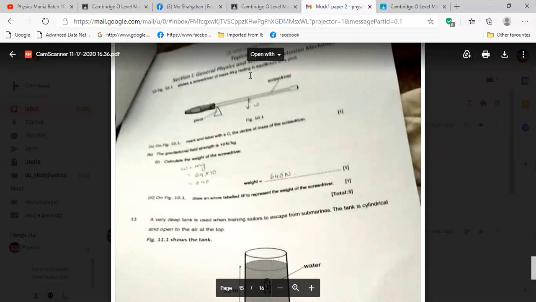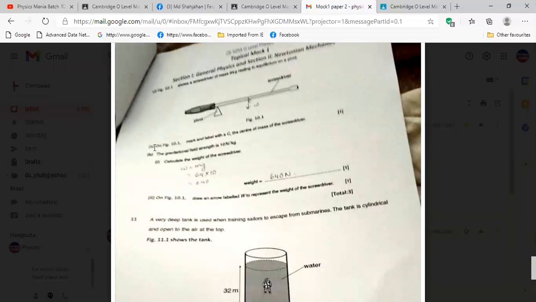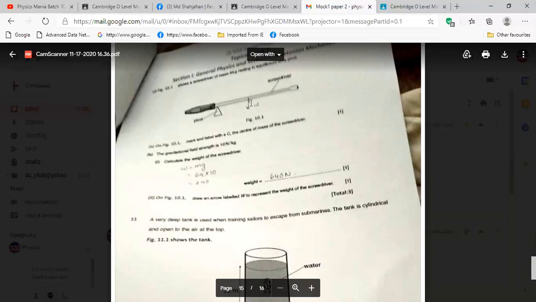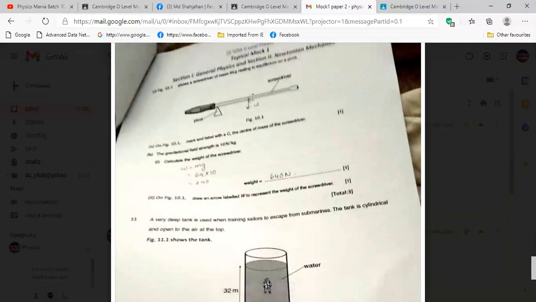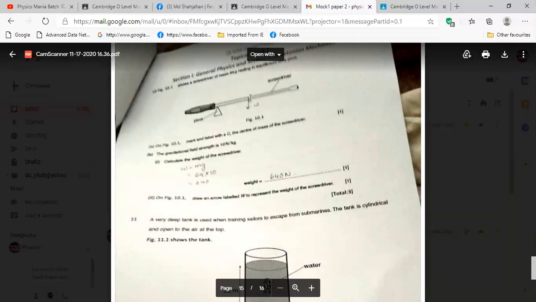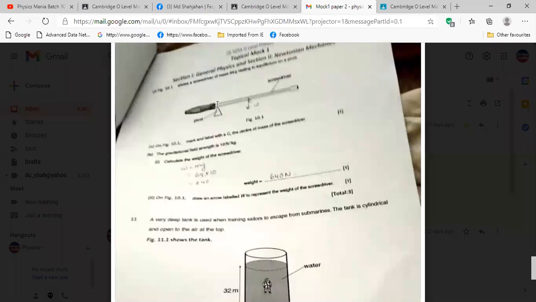Okay, then on figure 10.1, the first answer they said, you see, A. Did you label it? I labeled C here. Okay, I can see it now. But C will be just above the pivot, because we are balancing it here.